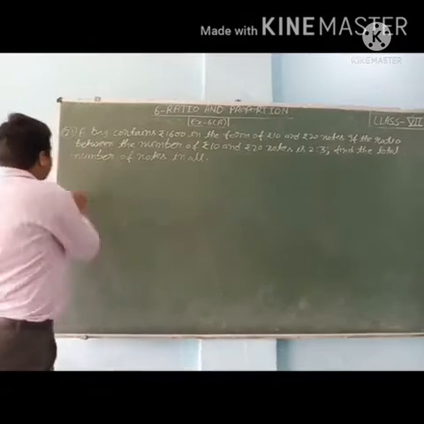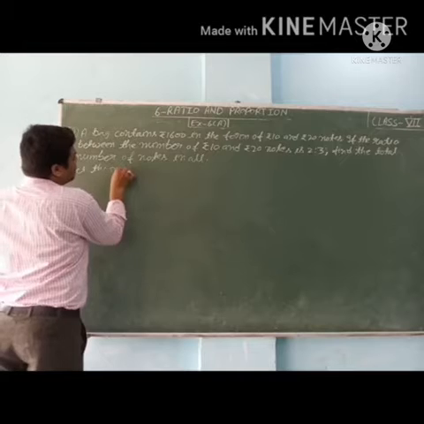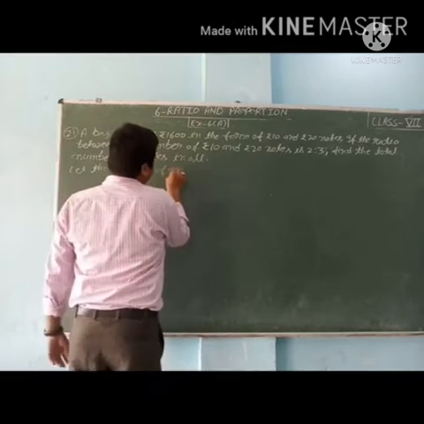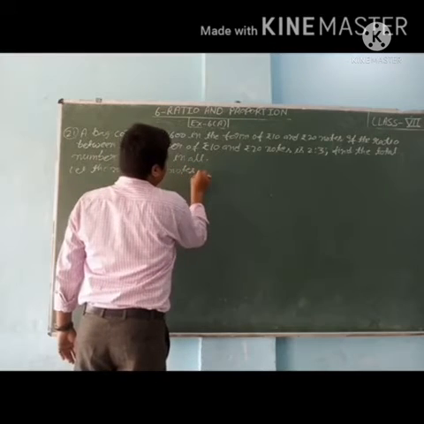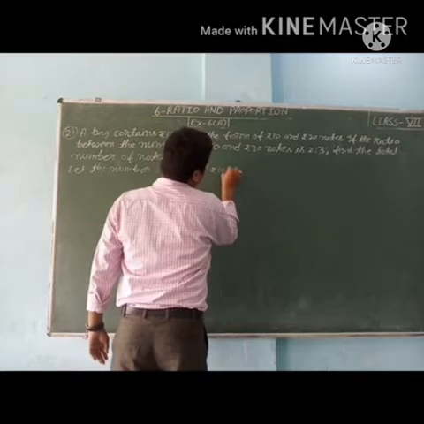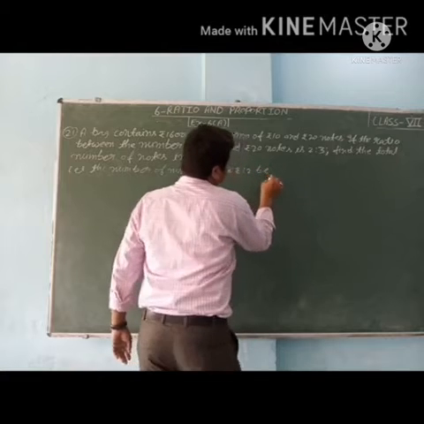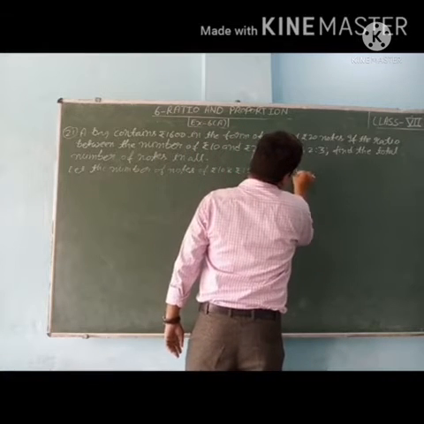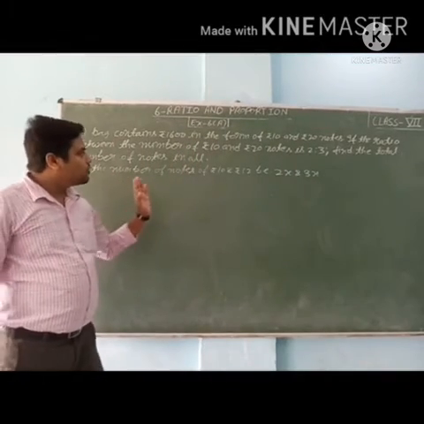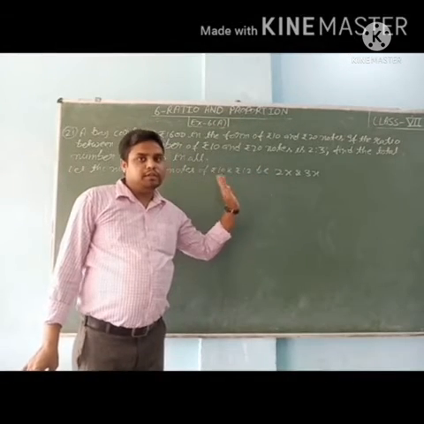So see, let the number of notes of rupees 10 and rupees 20 be 2x and 3x. In that bag, the number of notes of rupees 10 is 2x and of rupees 20 is 3x.